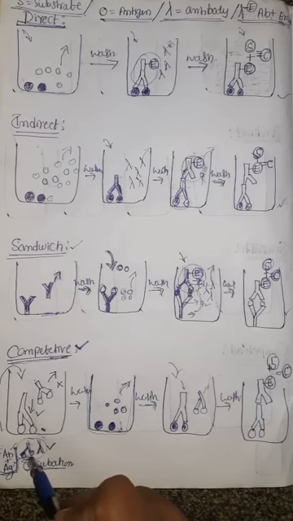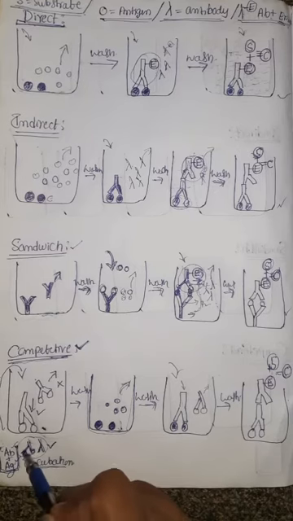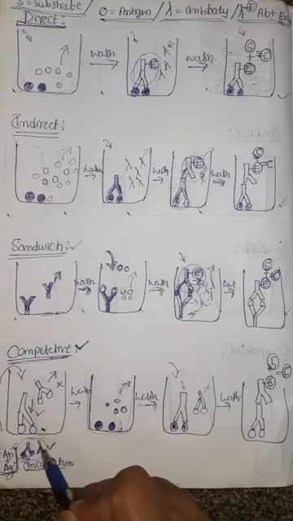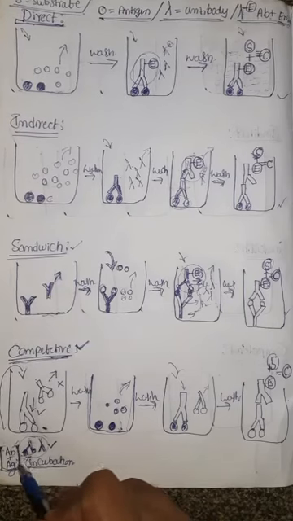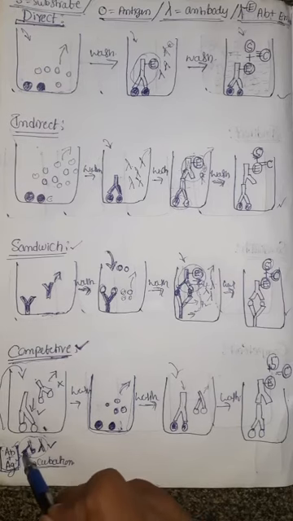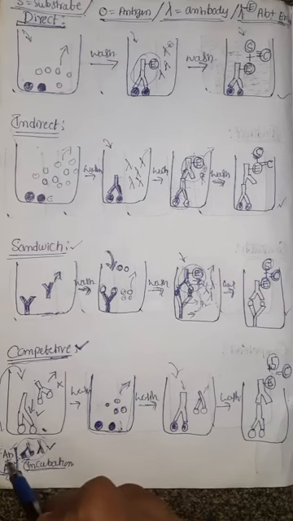Whenever more antigens are present in that solution, what happens? The antibodies are all engaged, meaning no free antibodies will be found in this liquid. But whenever the antibodies are more in number when compared with the antigens, many free antibodies will be available in this test tube. So it indicates the concentration of antigens in the test tube.